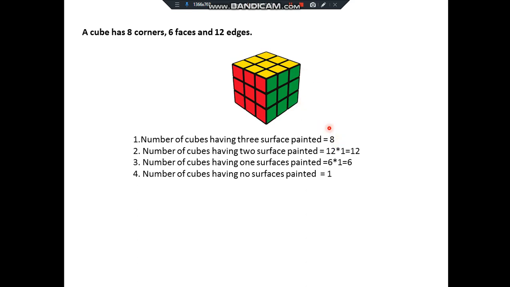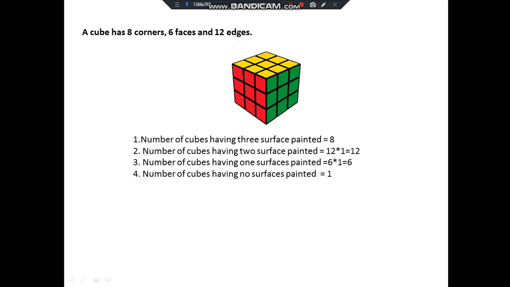Keep in mind that the number of cubes having 3 surfaces painted is always 8, however the dimension changes, whether 2 by 2, 4 by 4, 5 by 5, 6 by 6 and so on, because all the 8 corners are painted on 3 surfaces. Next, the number of cubes having 2 surfaces painted, in the middle ones: 4 at the top, 4 at the bottom and 4 vertical, totally 12.